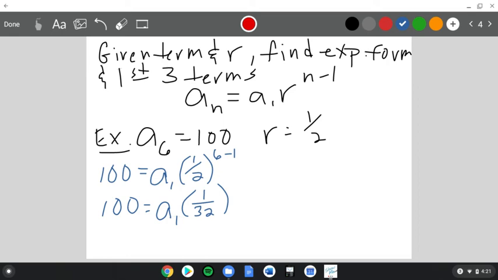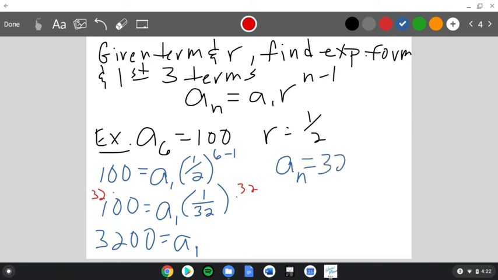So 1 over 32, 1 to the 5th, 2 to the 5th. Multiply both sides by 32. And a sub 1 is 3200. So then our formula would be a sub n is equal to 3200 times 1/2 to the n minus 1.